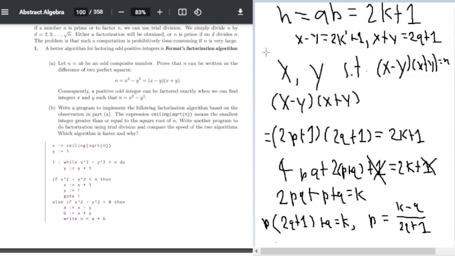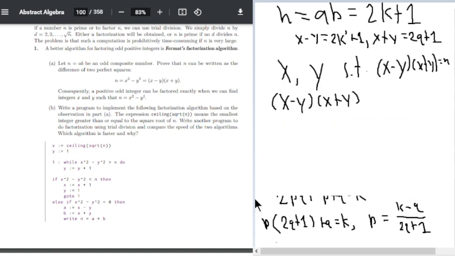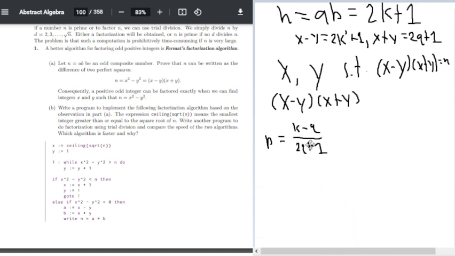So now we have this information, which means that we can solve this out now. P equals k minus q over 2q plus 1.